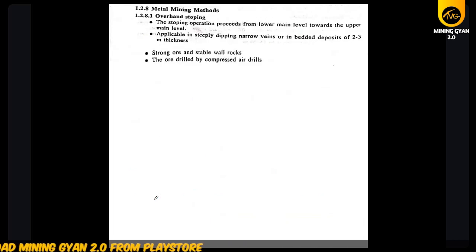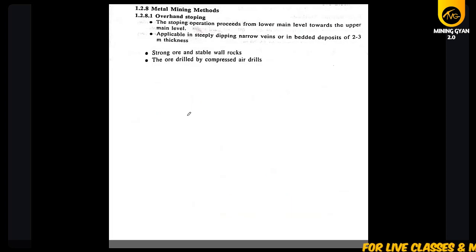There are various mining methods also in the metal mine. First is overhand stoping. In overhand stoping, first we will see applicability.